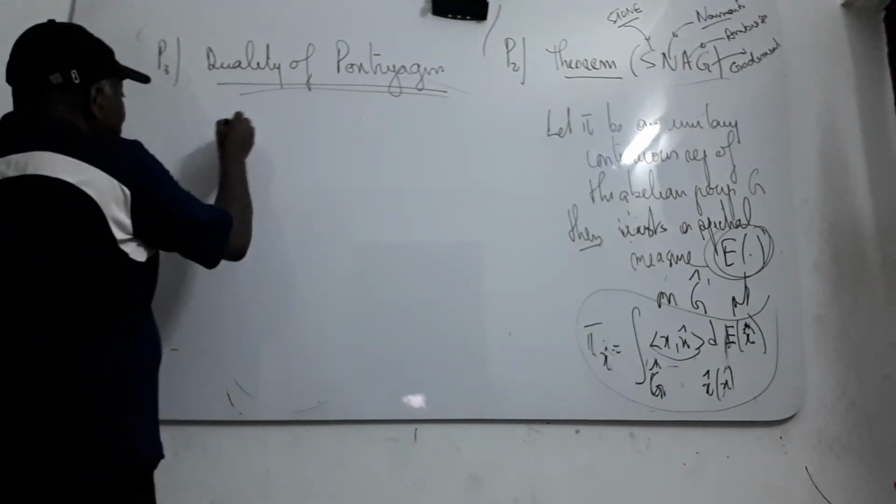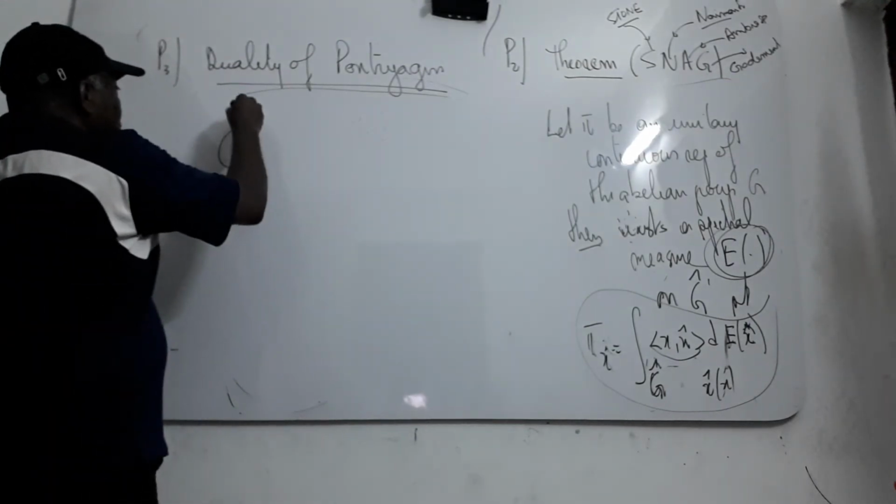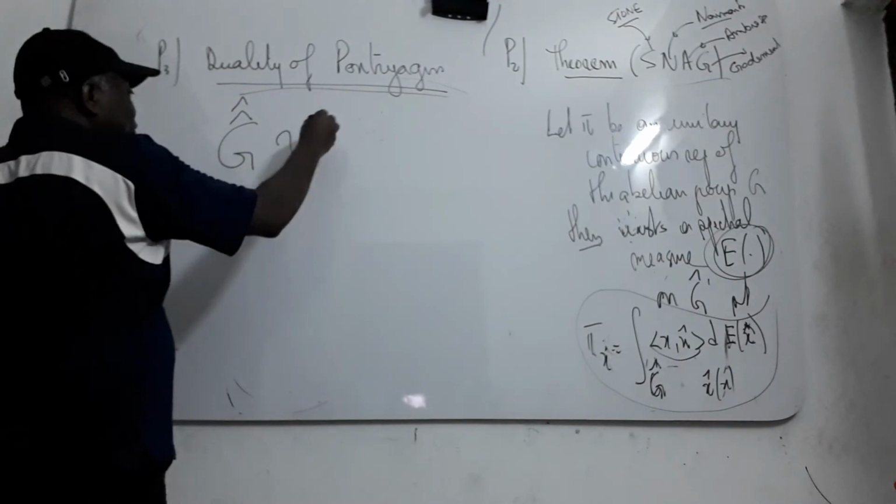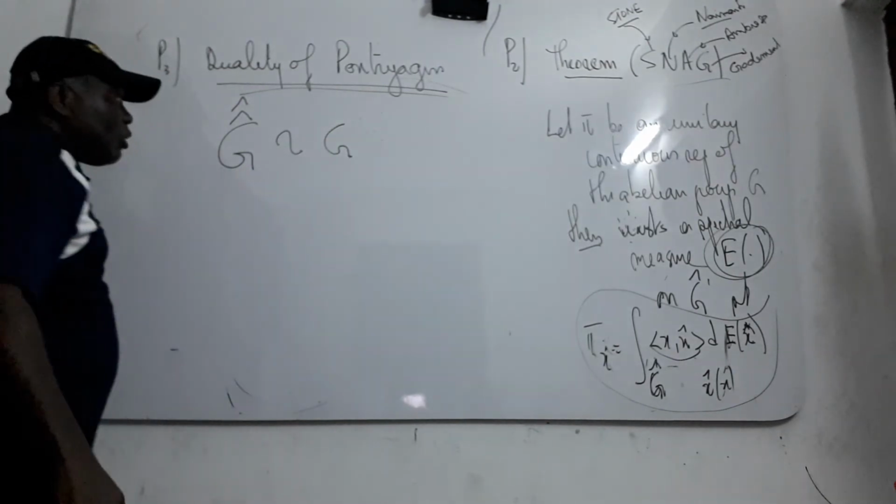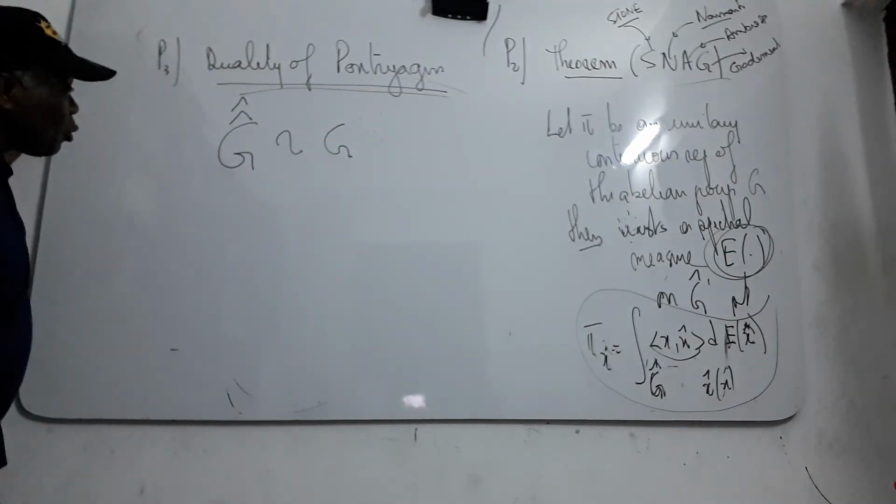Here you identify the bidual of G with your group.